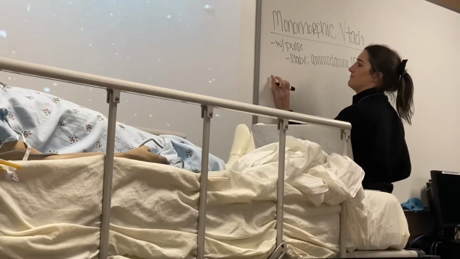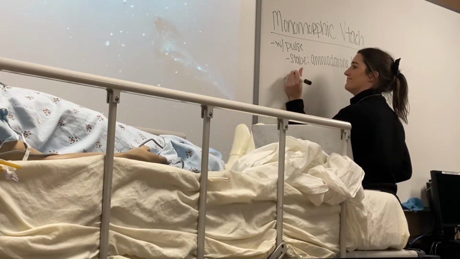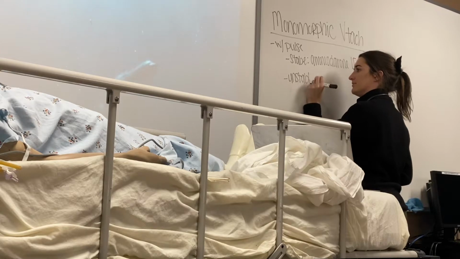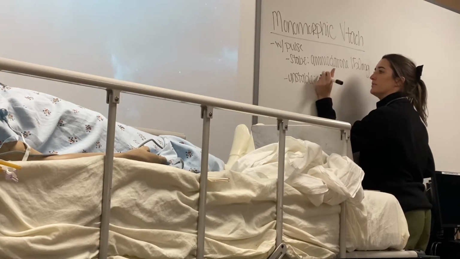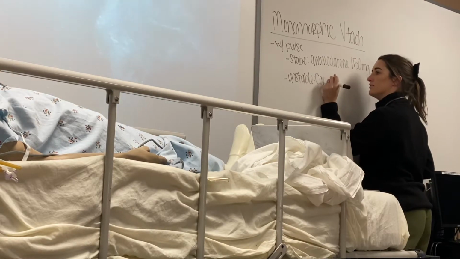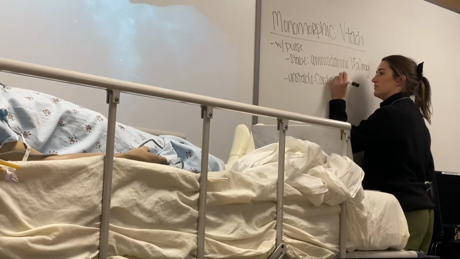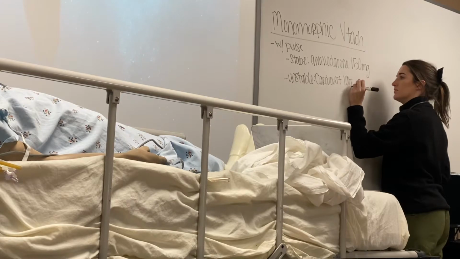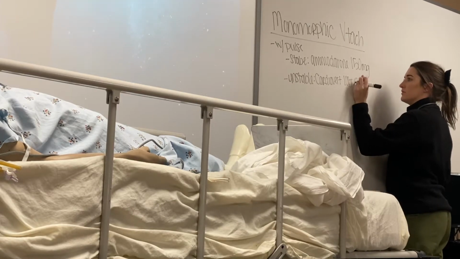Unstable, with a pulse, it's the same one, unstable: cardiovert, starting at 100 joules, go up by 50 as needed.